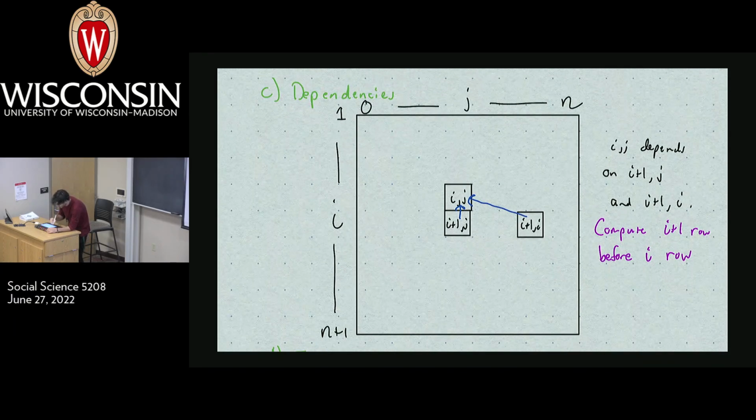This double arrow means we're going to process all of our data row by row, starting from the bottom and going up. So that's our evaluation order.